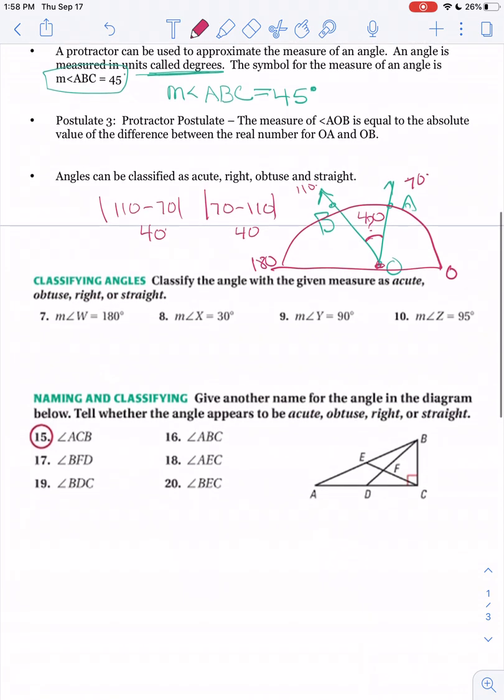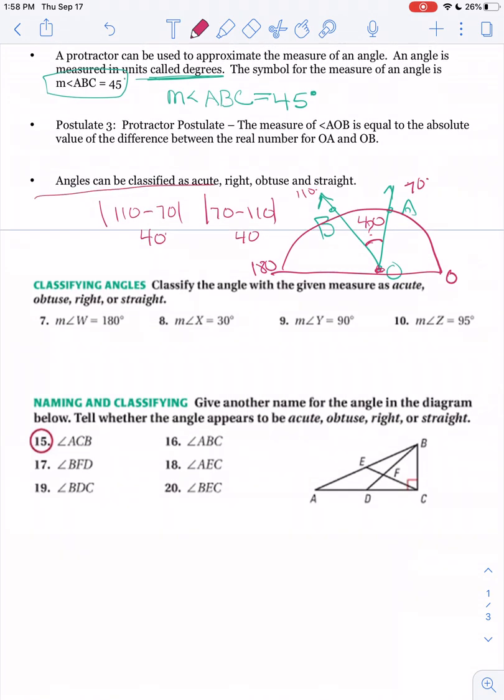Classifying. You can classify an angle either as acute, right, obtuse, or straight. Acute means it's less than 90. And again, we don't go below 0 in geometry. So from 0 to 90, we call that acute. If it's exactly right, or 90 degrees, we call that right. If it's more than 90 but less than 180, we call that obtuse.